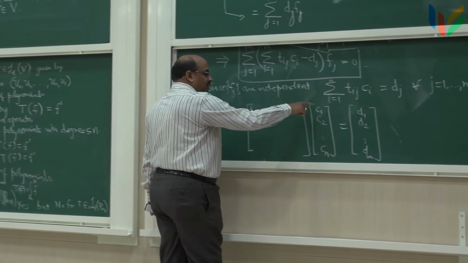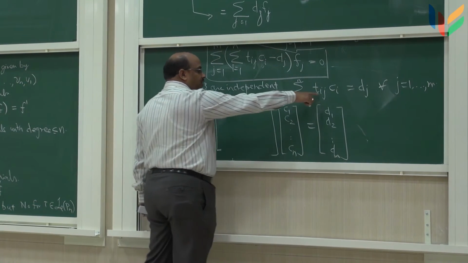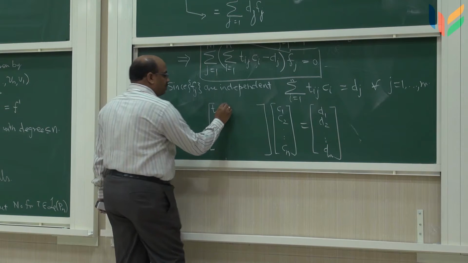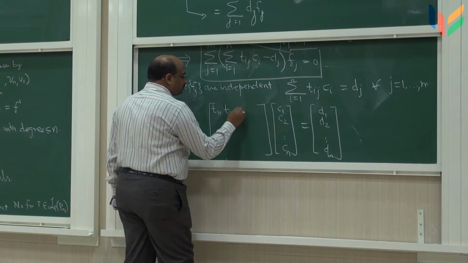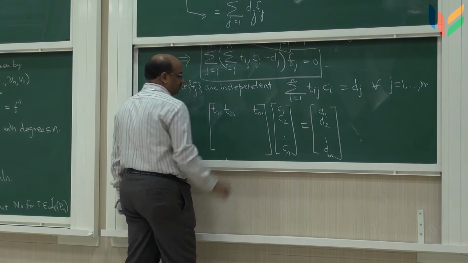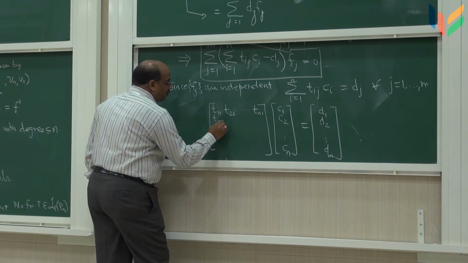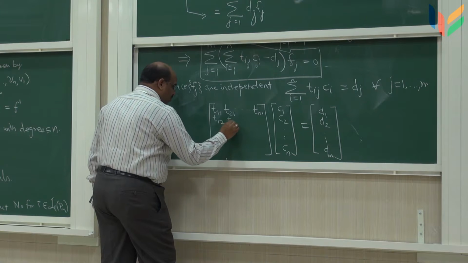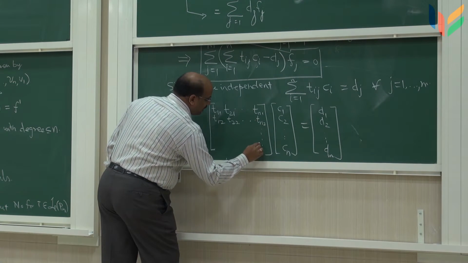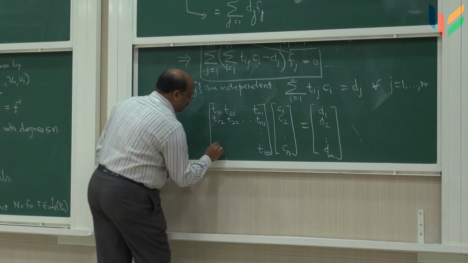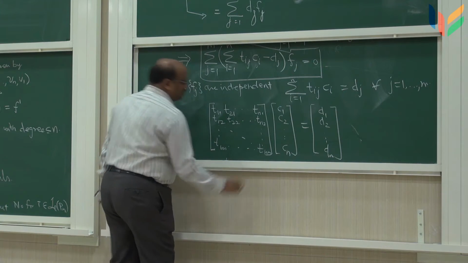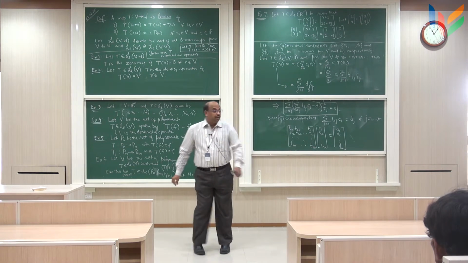See, this is multiplying here, so look at this. The index should be the same. So it should be T21 and so on, and then Tn1, and then T12, T22, and Tn2, and similarly Tnm, and then T1m.